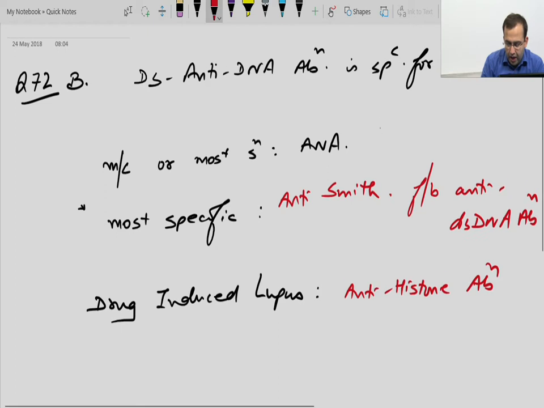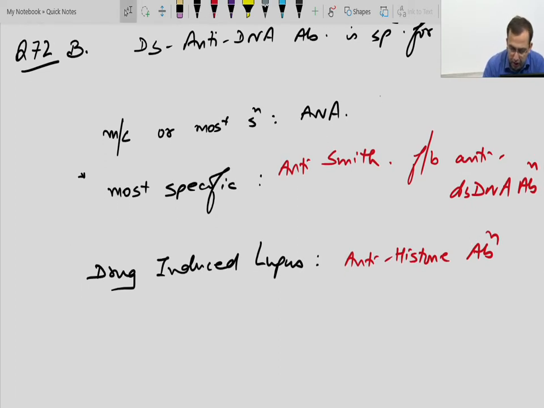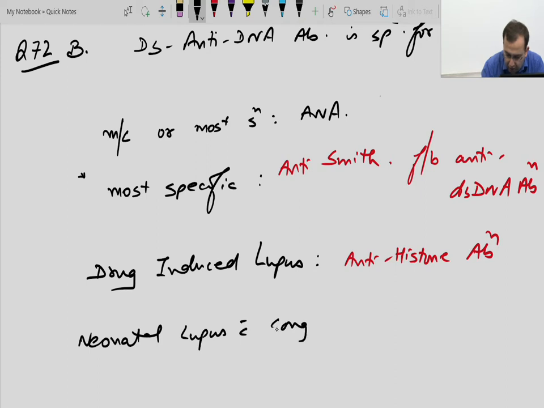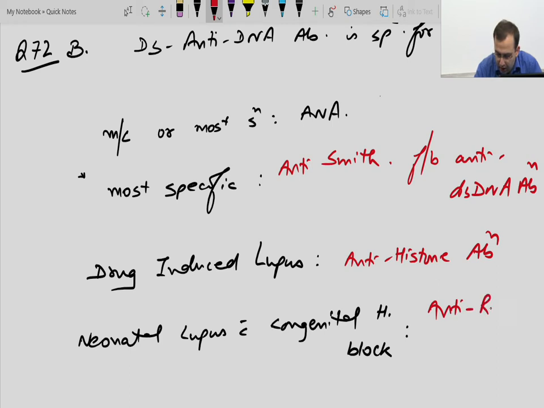And last is neonatal lupus with congenital heart block. It is associated with anti-Ro/La antibodies.